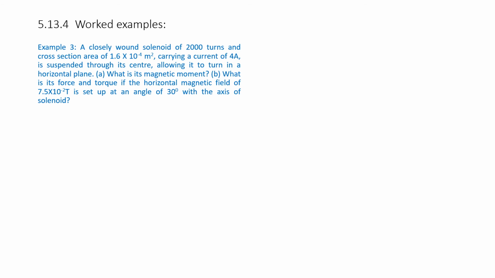What is its force and torque if a horizontal magnetic field of 7.5 into 10 to the power of minus 2 Tesla is set up at an angle of 30 degrees with axis of solenoid? Please go through this question again yourself and note down the given items. Then we will work out.